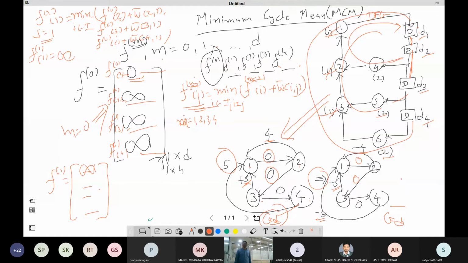Now consider f of 1, 2. So I am just putting 2 over here.